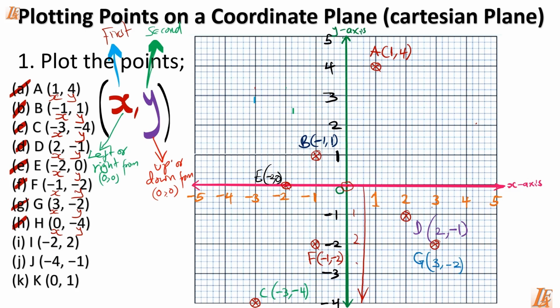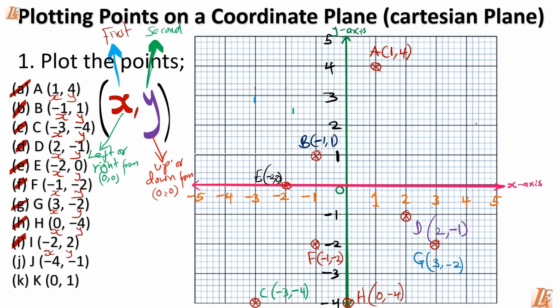So the point that we are interested in is this one here. 0 on the x-axis, on the y-axis, -4. So this is the point which we call H, and its coordinates are 0, -4.